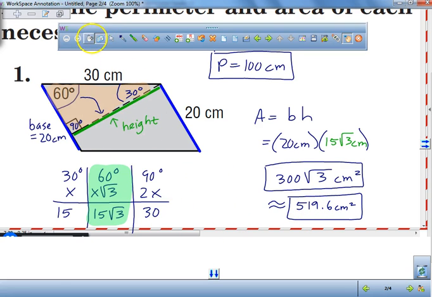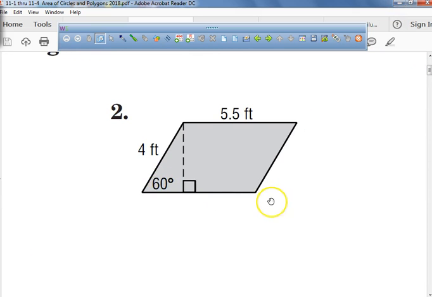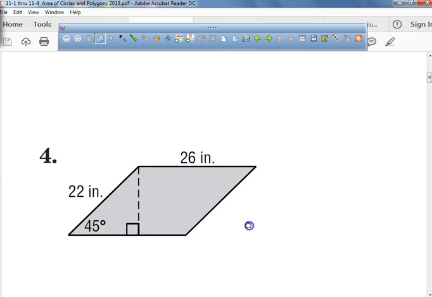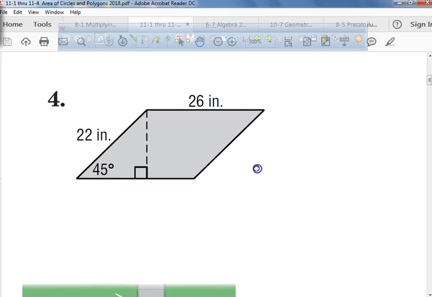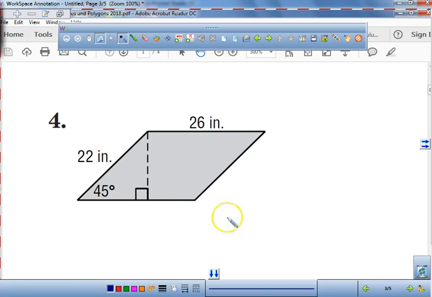Now the only other problem we're going to do together today in class is we're not going to do the other 30, 60, 90 problem. We're going to go right down here and do a 45, 45, 90. If you see a 45-degree angle here, that means this angle right here also has to be 45 degrees.